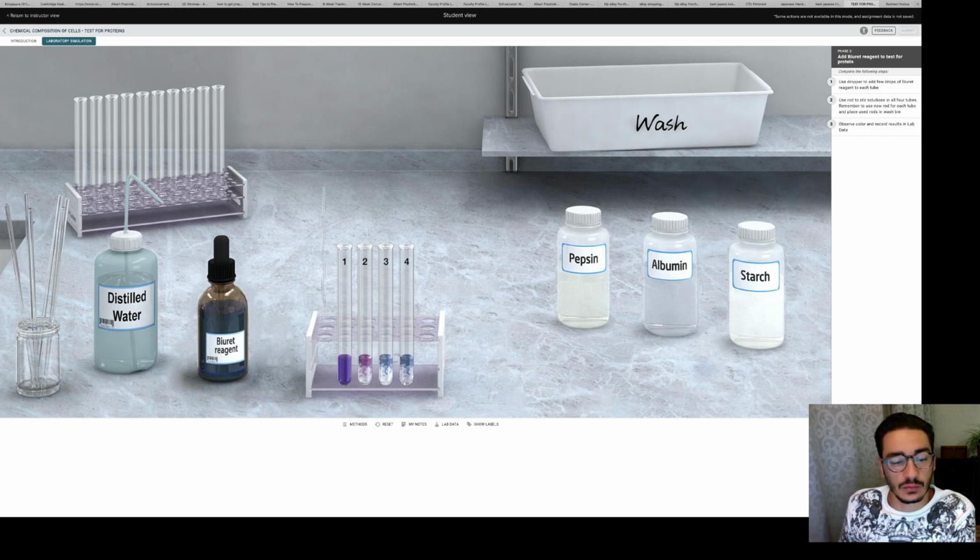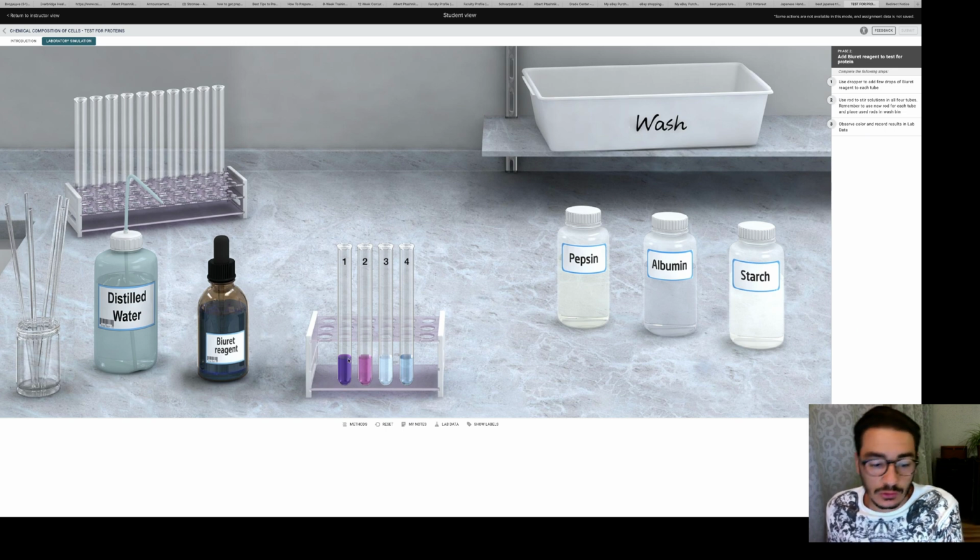You put them to wash, mix it. Right, so you have purple, pink, bluish, and also bluish color. So what does it mean?